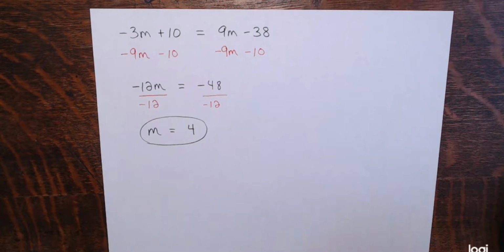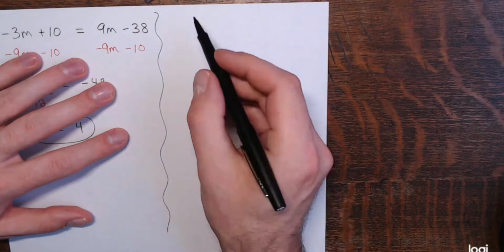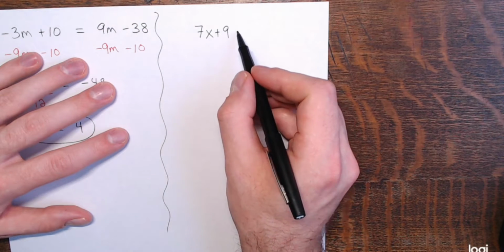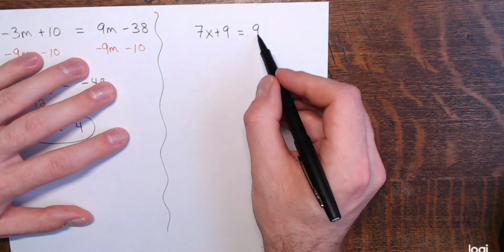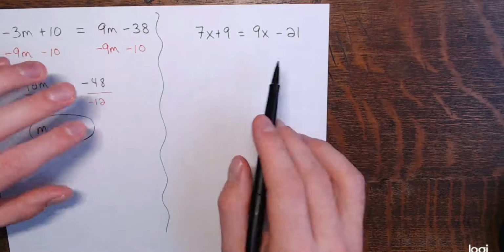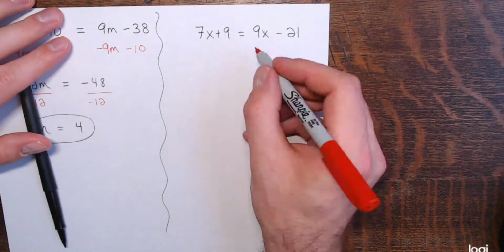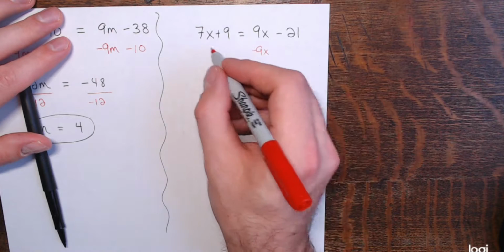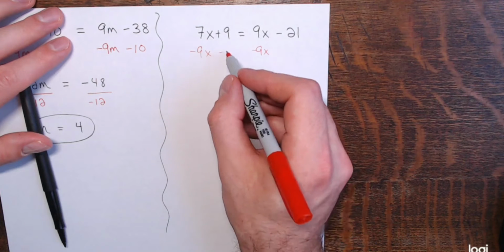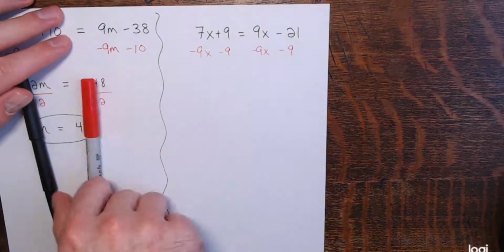So this equation, let's take the other half of the page here. 7x plus 9 equals 9x minus 21. Just to stick with what I've been doing with most of these, get the variables on the left, so I'd subtract 9x from both sides, get all the x's to the left, and then subtract the 9 here from both sides to get all the constants to the right.